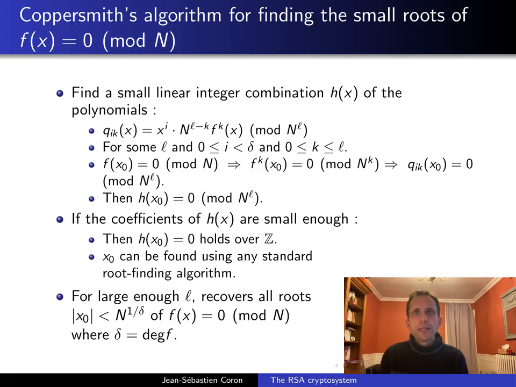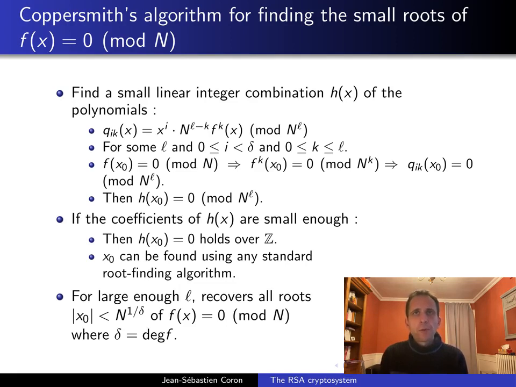So what we do is we are going to generate many polynomials which also have x0 as a root, not only modulo N, but actually modulo N to the l for a certain parameter l. So we define the polynomials q_{ik} of x, which are x to the i, so this is simply a shift of the polynomial, times N to the l minus k, times f, the polynomial f to the power of k.